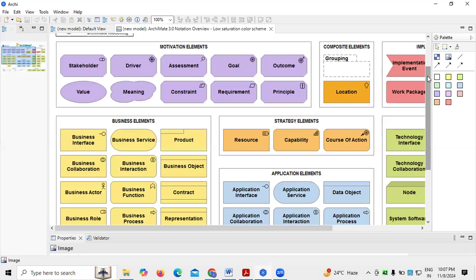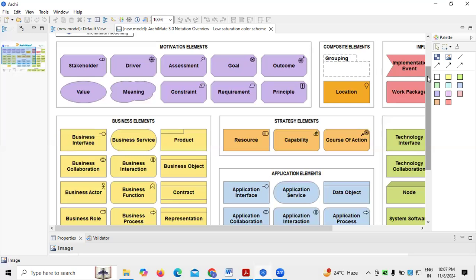Followed by the kind of value that is required to have some understanding of the business value. At the same time, the constraints, whatever the high-level and low-level requirements which are essentially important, followed by the principles that are involved. All these things come under the motivational elements.